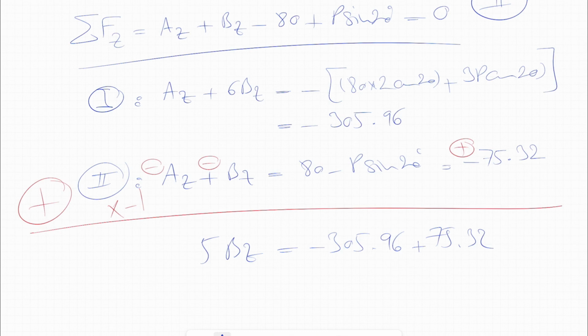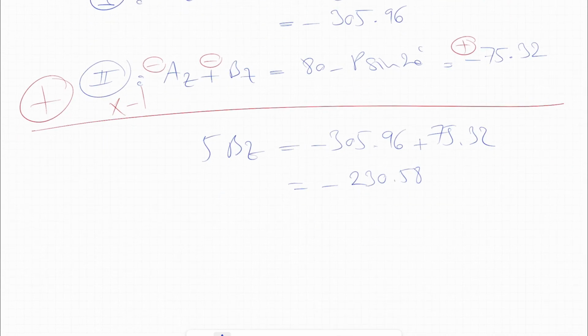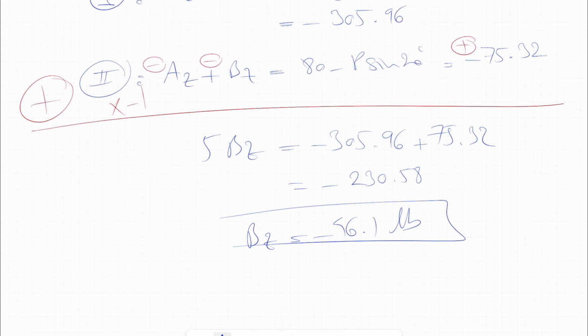Actually, we have a positive sign in here, 75.32. So we'll get minus 230.58 divided by 5. That means our BZ will be minus 46.1 pound.